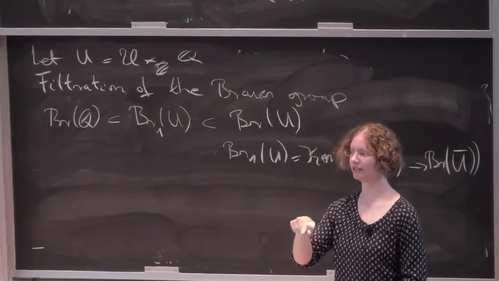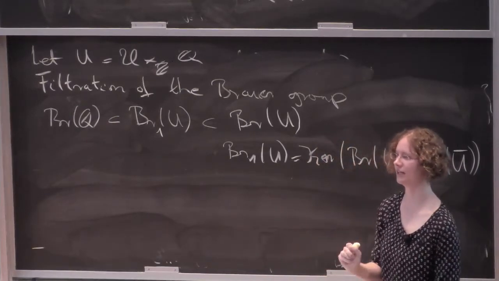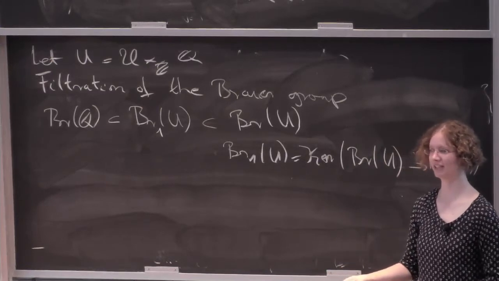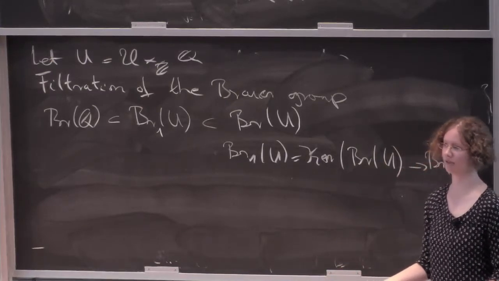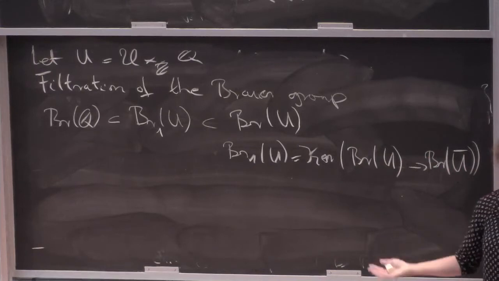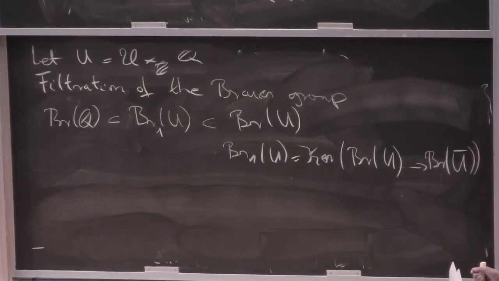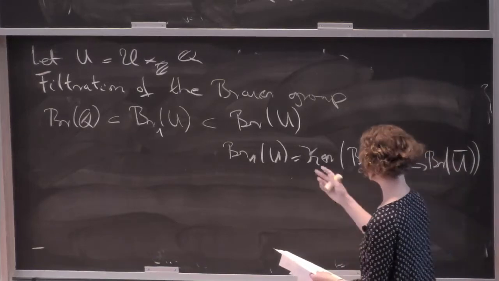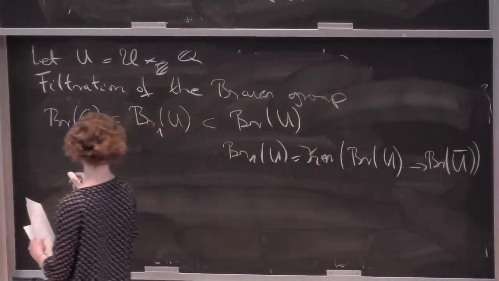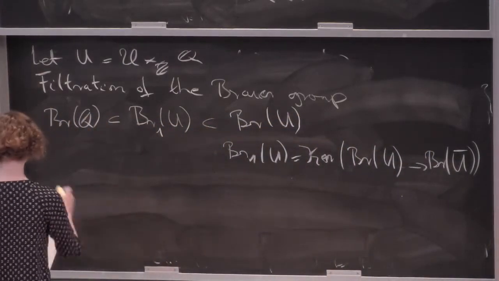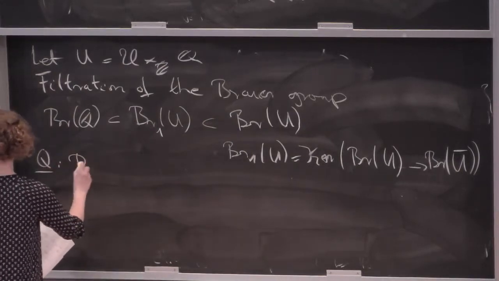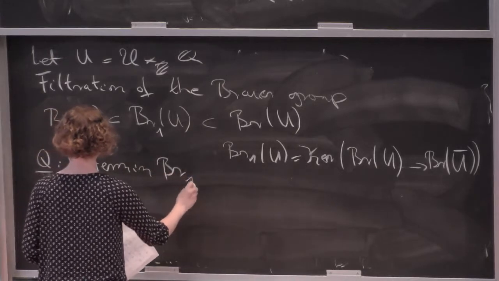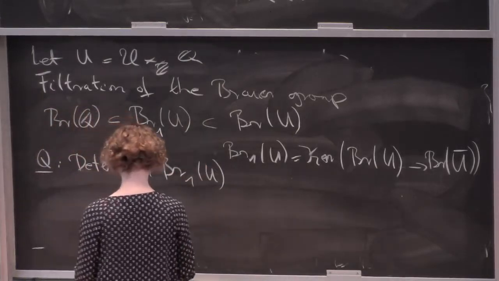Remember, that was some function comma n, this kind of quaternion algebra. If you now join the square root of n to the rationals, then this completely splits and the obstruction disappears. So that would be an example of an algebraic Brauer class. So there's this filtration, and ideally we would, of course, understand the complete Brauer group, but the first question is to determine this part of the Brauer group of the algebraic classes.